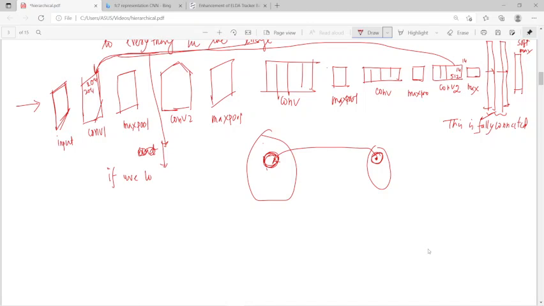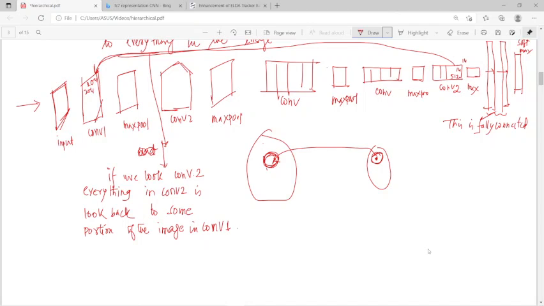If we look at convolution 2, everything in convolution 2 is looking back to some portion of the image in convolution 1.